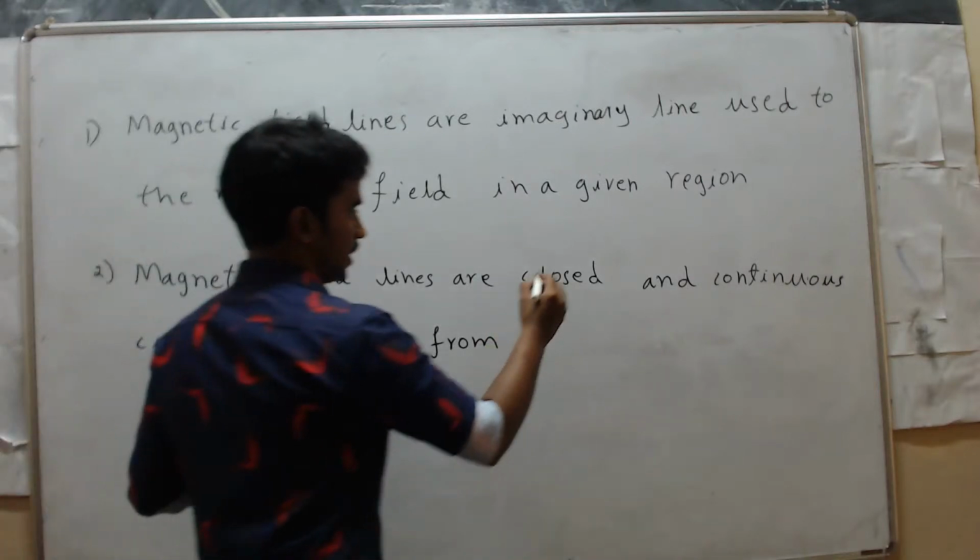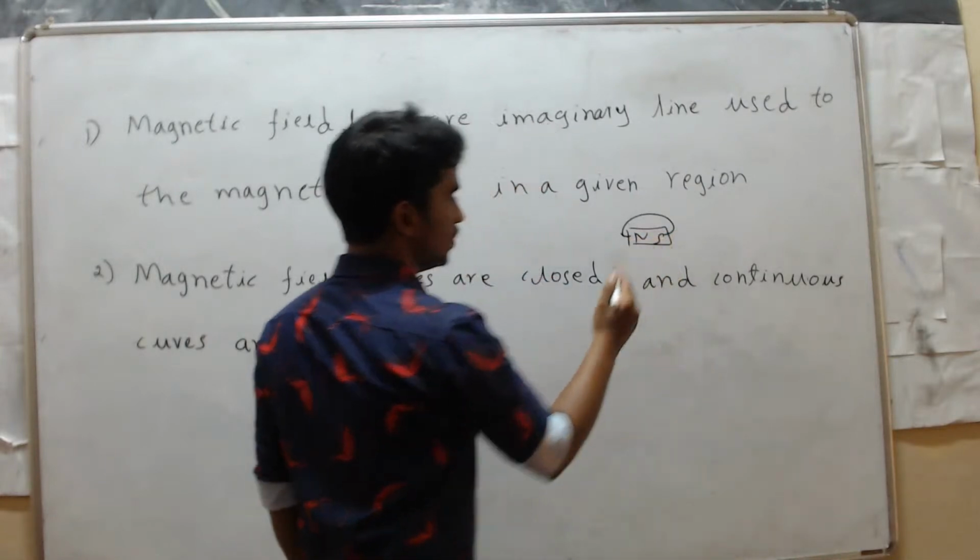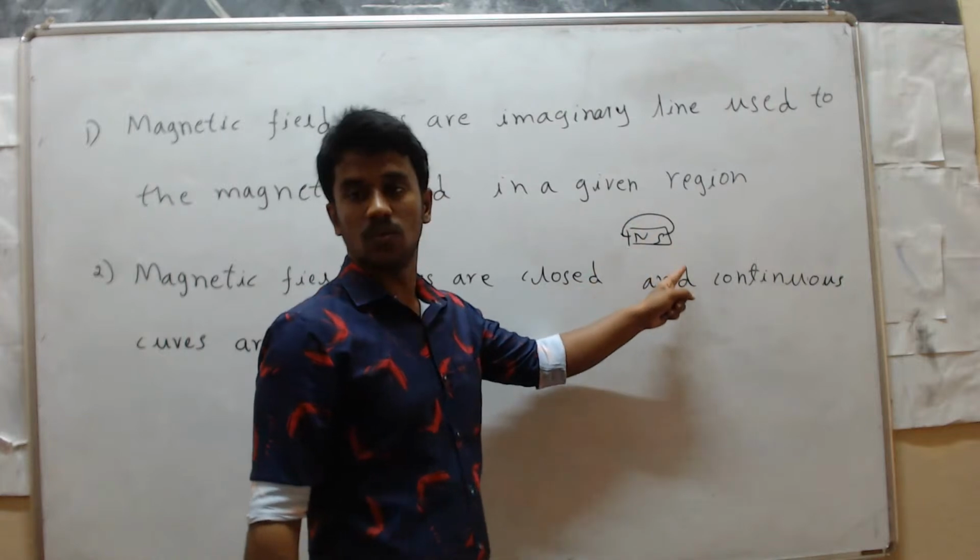Already we have seen, right? See here, north, south. It is a continuous and closed curve.